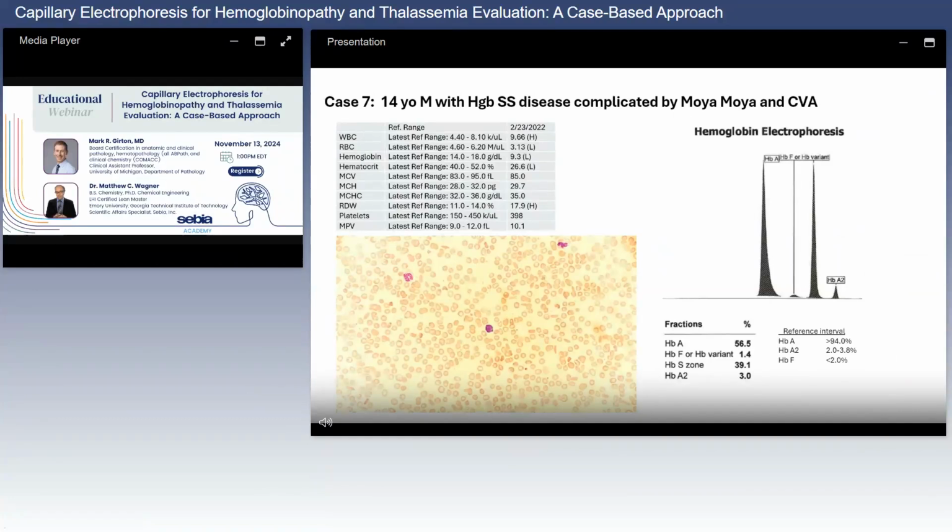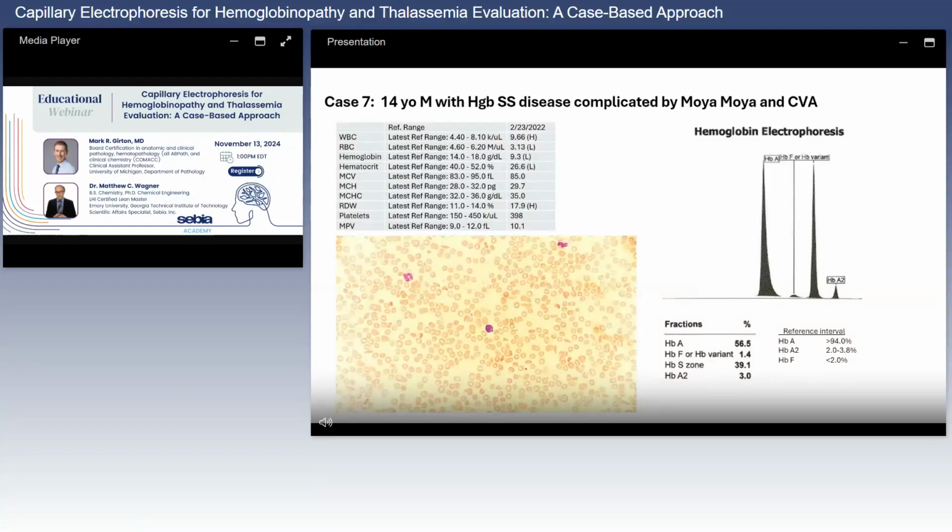Case 7. This is a 14-year-old male with hemoglobin SS disease, so sickle cell anemia, complicated by moyamoya and cerebrovascular accident. So moyamoya is a radiologic finding, usually of the neck arteries, in which repeated occlusive events in those arteries have caused collateral vessels to attempt to reroute blood flow around the more major vessels.